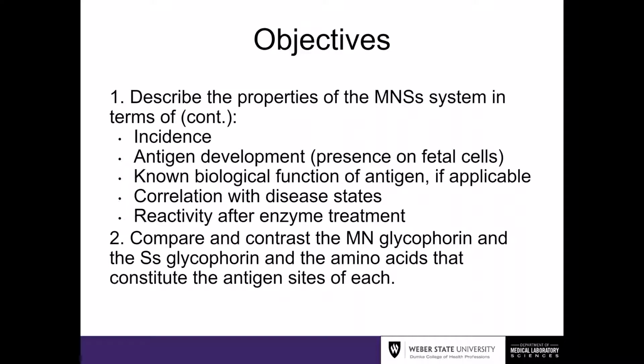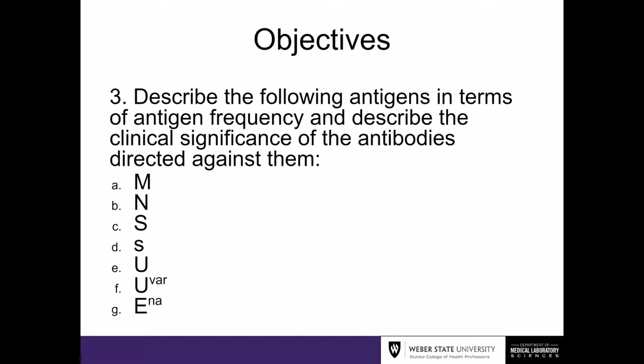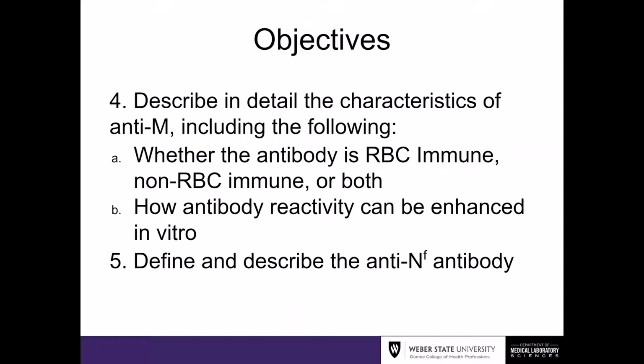We will also compare and contrast the glycophorins, as well as describe the M, N, big S, little s, U, U variant, and ENA antigens and their associated antibodies, as well as go into further depth on the anti-M antibody as well as the anti-NF antibody.